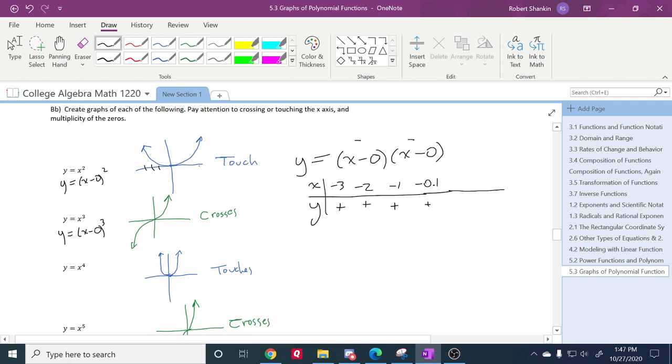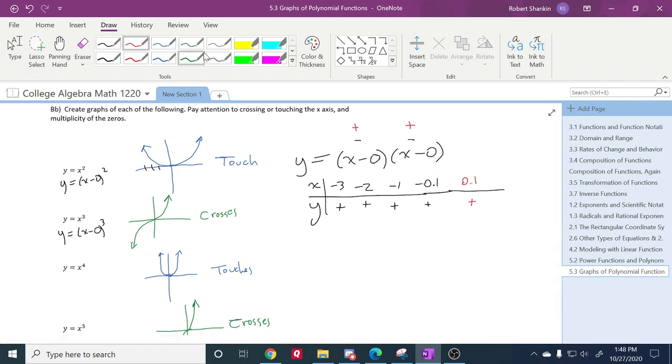When I jump to the other side of the x-intercept, and I'm now at positive 0.1, it will change this. Plug in 0.1 and I'll get a positive up here. And then this one will also be positive. But it'll cause an even number of sign changes. And when an even number of sign changes happens, we stay the same sign.